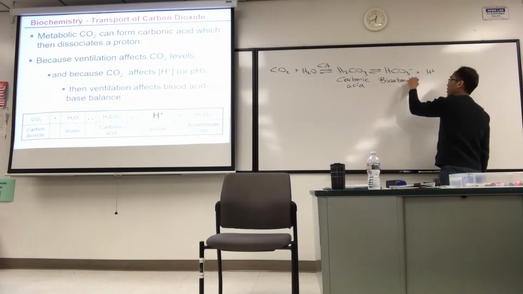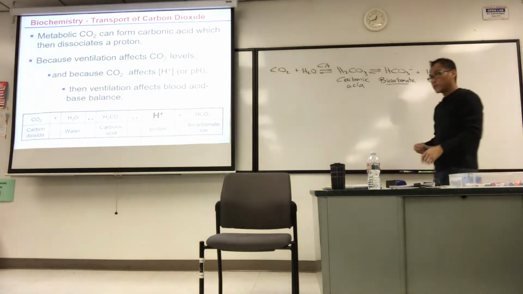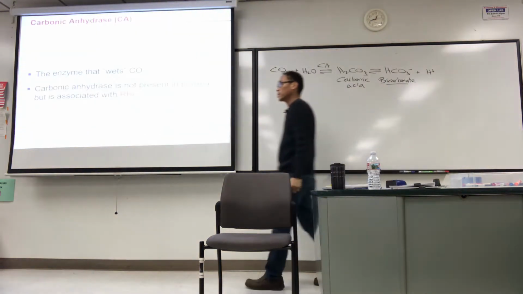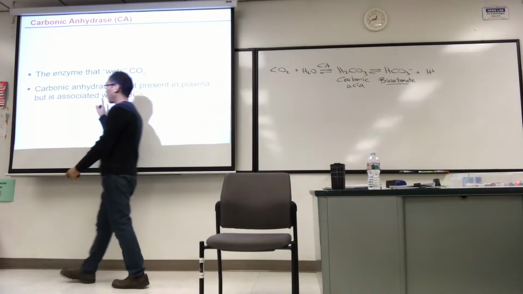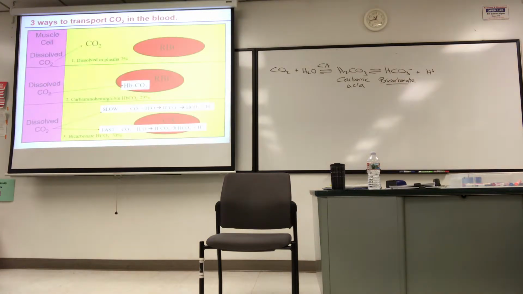Bicarbonate. And bicarbonate is 70% of the way that the blood transports the CO2 in the plasma compartment. So you have to know this equation for CO2. Again, carbonic anhydrase, CA, we say it's the enzyme that wets CO2 because it combines it with water.